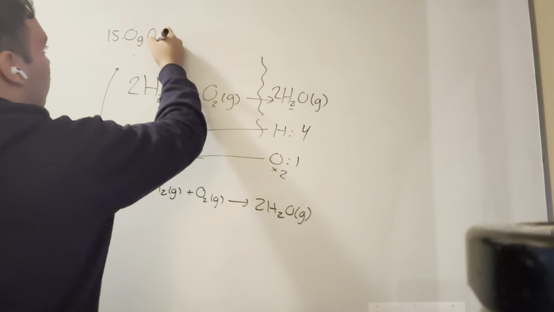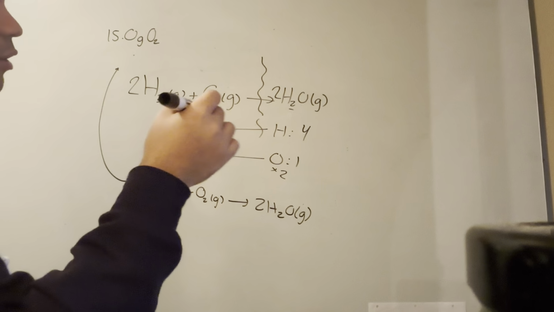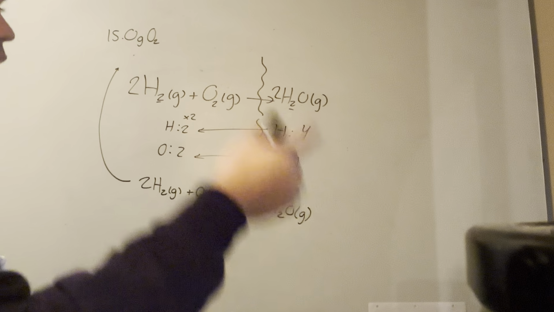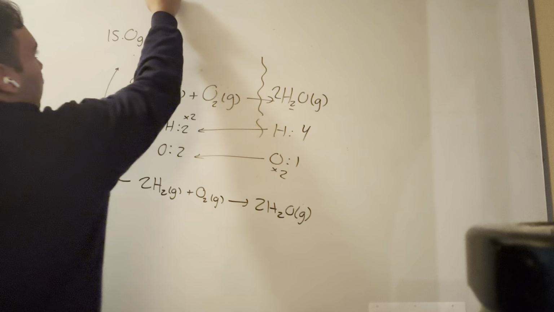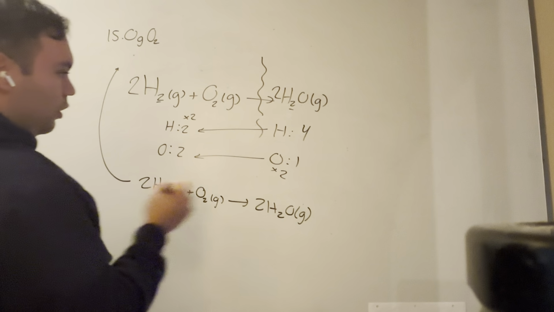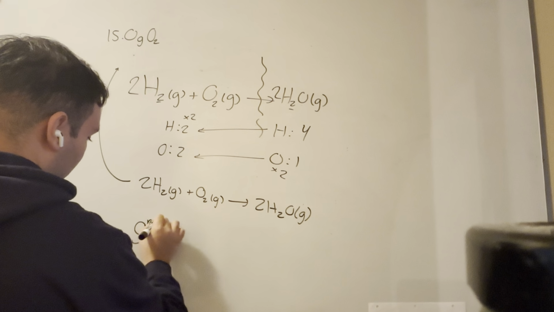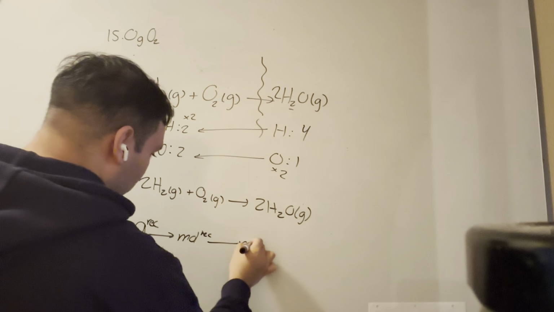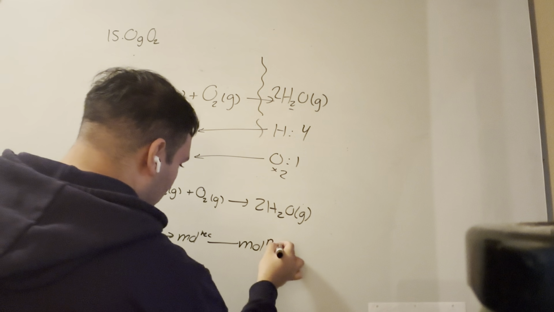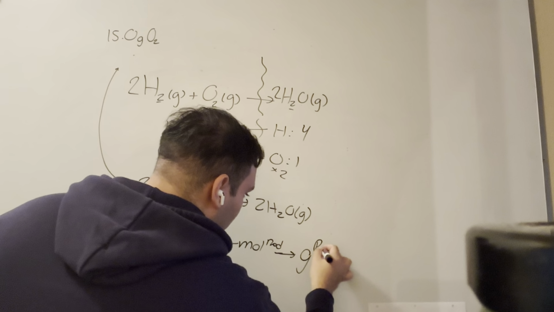This is a prime example of going from grams of reactant to moles of reactant to moles of product, and then from moles of product to grams of product.